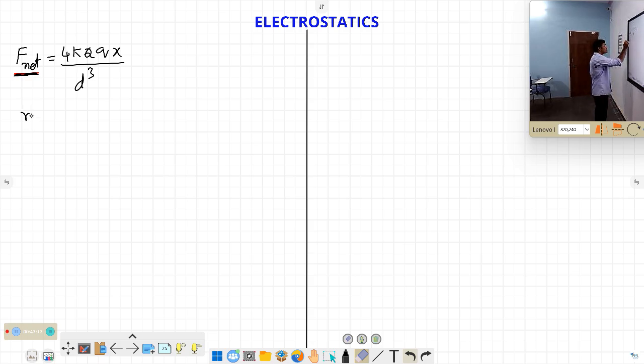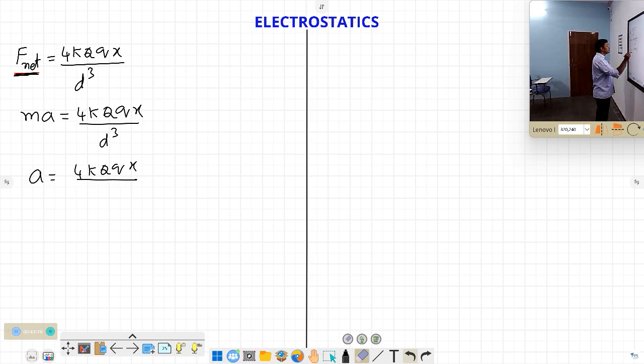In this case, net force equals mass into acceleration, so I can write ma equal to 4 into k capital Q small q x by d cube. So acceleration a is equal to 4k capital Q small q x by m into d cube. Now, what is acceleration? Because the time period is given, acceleration is equal to omega square x. So omega square x equals 4k Q small q x by m into d cube.